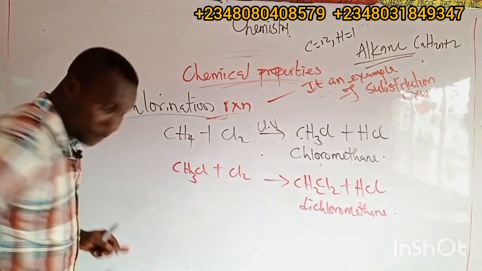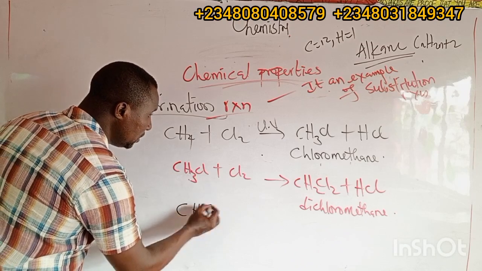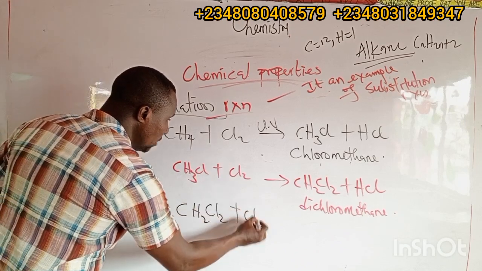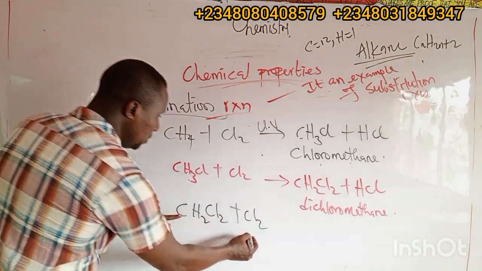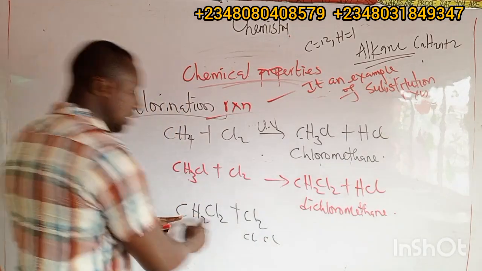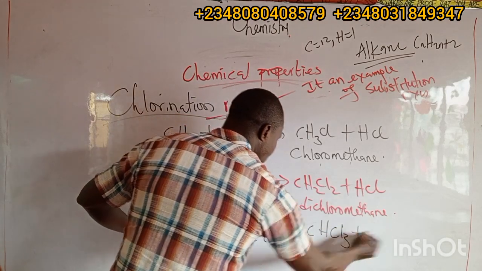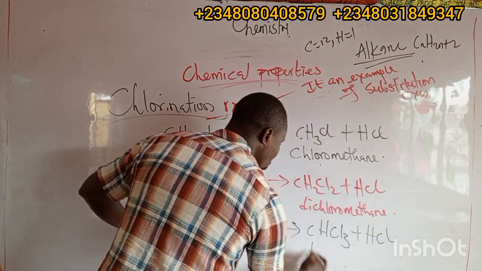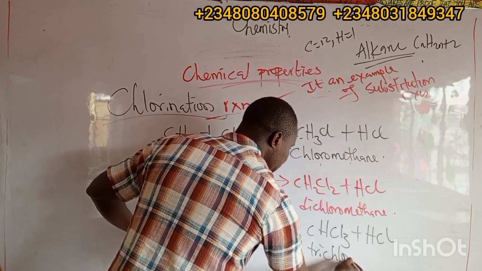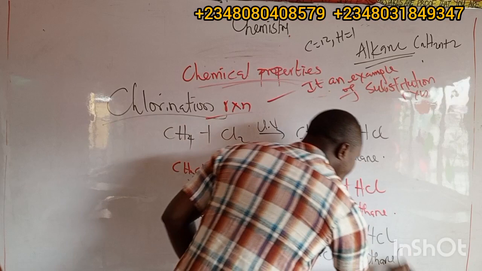Take that again. We have CH2Cl2 plus Cl2. Another chlorine comes here and replaces one atom of hydrogen again. What will you have? CHCl3 plus HCl. This one is trichloromethane. Another name for this is chloroform.